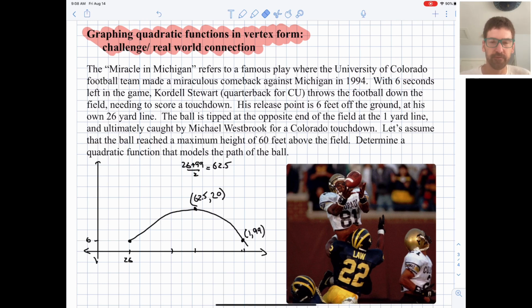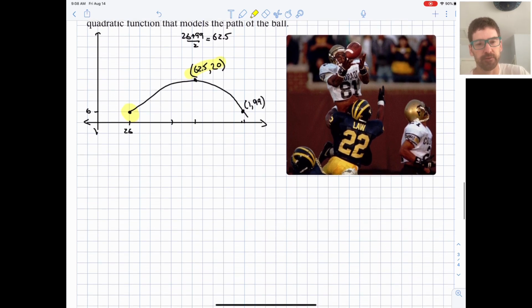All right, so I think we have the information we know, and to be clear, that information is we have a very solid point and we have a vertex. Okay, so let's go ahead and plug that information into vertex form. Remember, vertex form is y equals a times (x minus h) squared plus k. And we have our h and k, and we don't know what a is, but we'll try to figure that out.